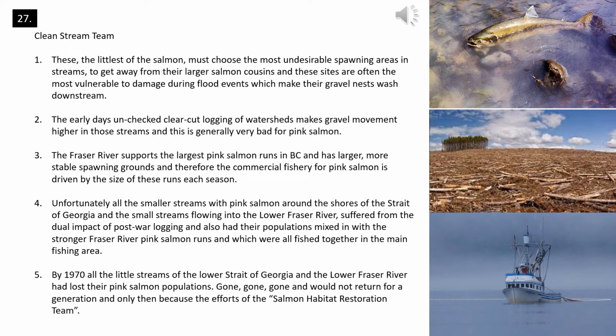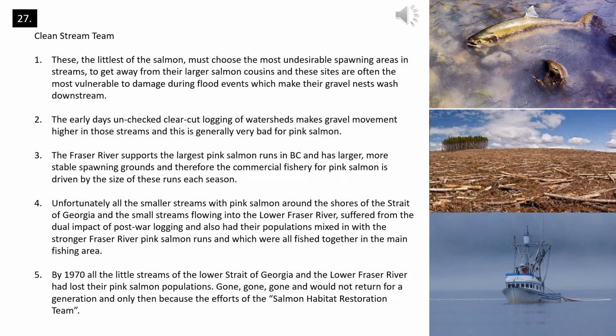So what they do is they tend to choose sites in big rivers out in the main flow that are more vulnerable to flooding, and their gravel nests therefore are more prone to being washed downstream. So when unchecked clear-cut logging early on of our watersheds occurred, they were already taking risks in the main parts of the channels and protected side channels, but the main parts of the channels more so than the other species. So when the rivers destabilized after clear-cut logging, it was very bad for pink salmon.